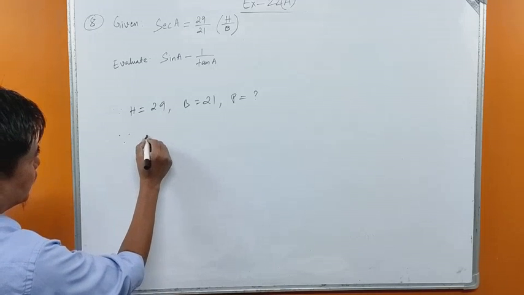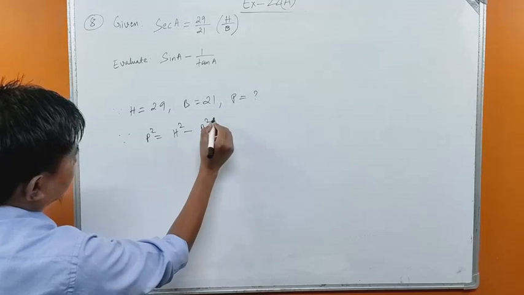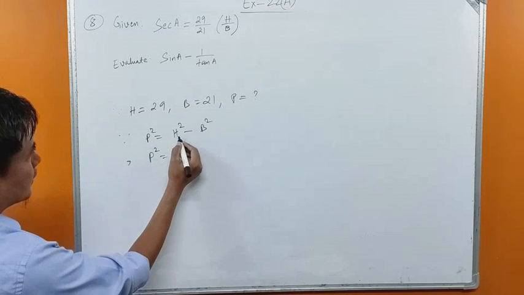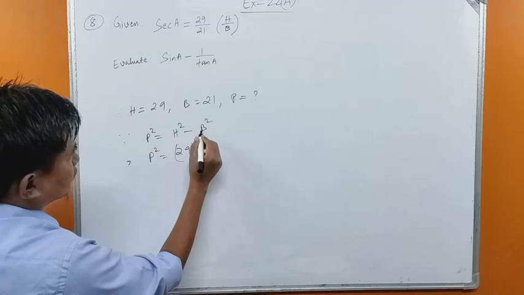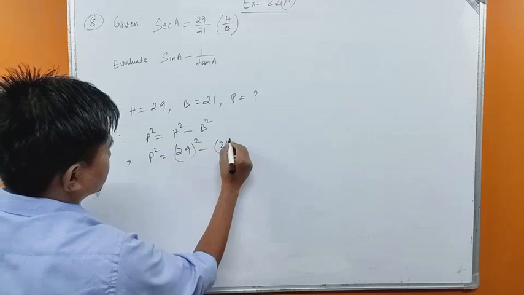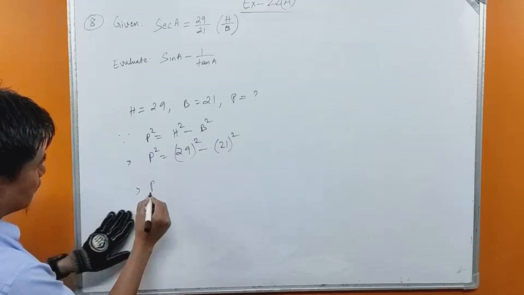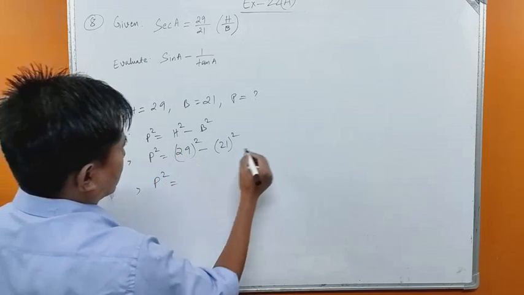Since p square equals h square minus b square, p square equals 29 square minus 21 square.